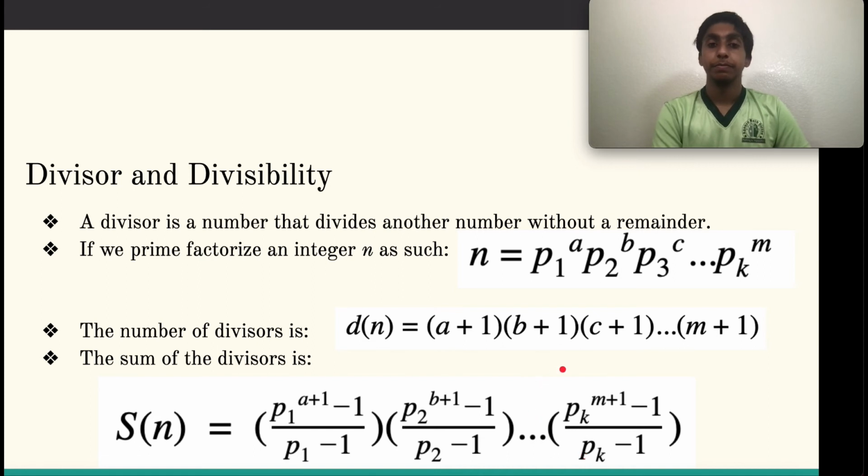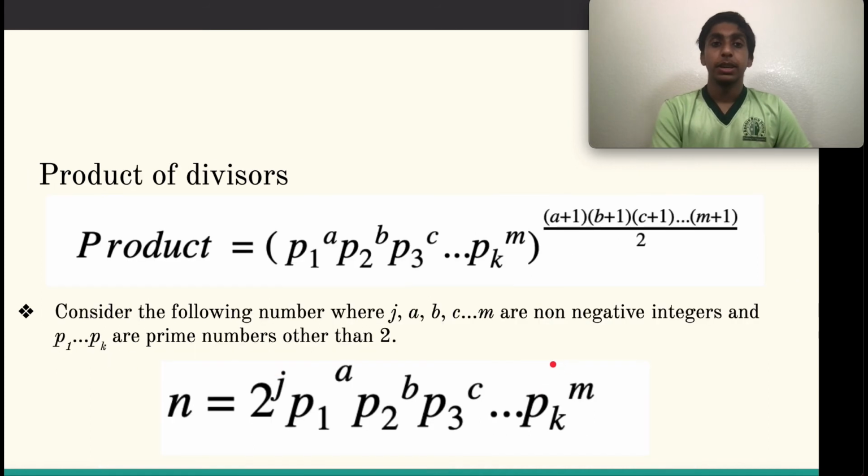So it's pretty easy. Okay, so here we have the product of divisors. So my product is going to be the first prime factor to the power a, second prime factor to the power b, and so on. And then once I multiply all of this inside the parentheses, that's going to be to the power a plus 1 into b plus 1 into c plus 1 all the way up to m plus 1 over 2.